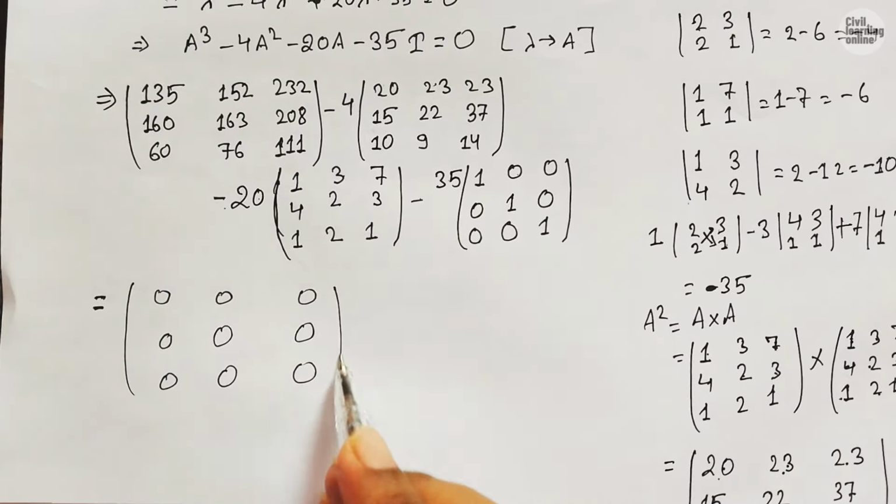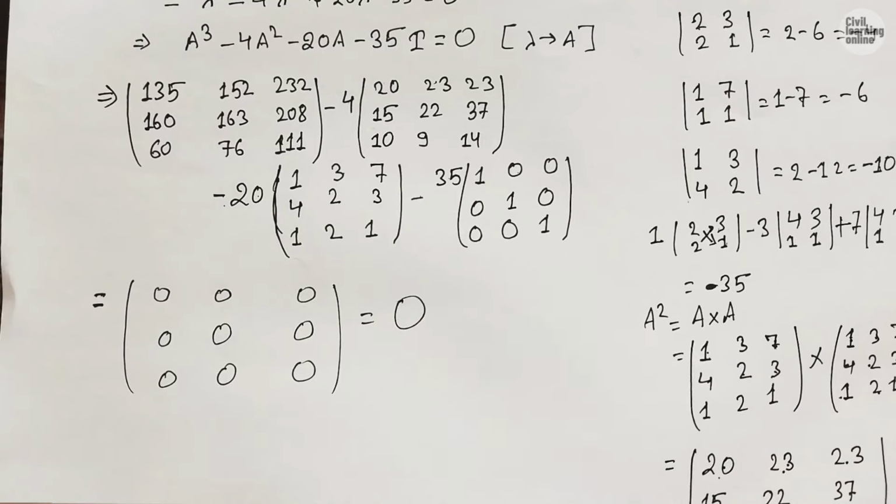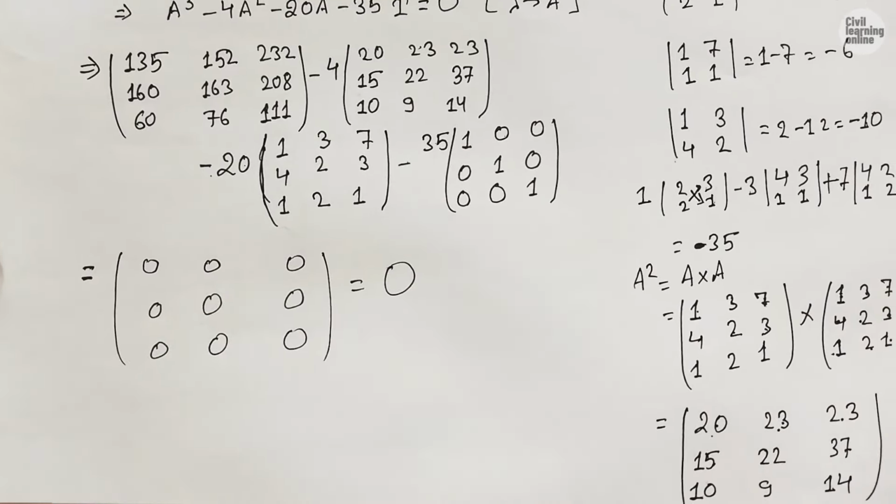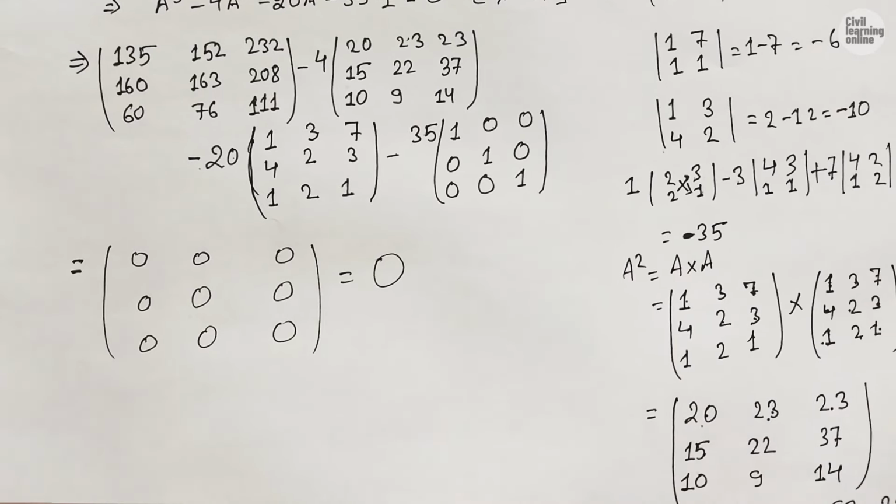So at the end we get the null matrix, which equals 0, and this was the verification of the Cayley-Hamilton theorem. Now we will find the inverse, and how we will find the inverse using the Cayley-Hamilton theorem, see here.